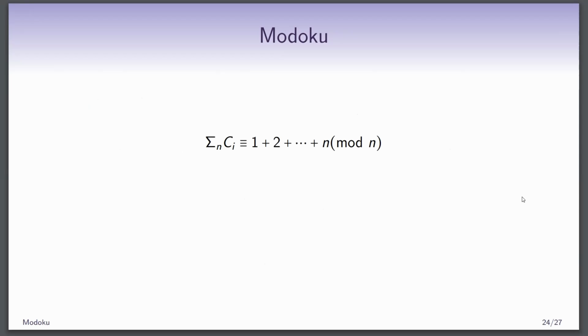Now we can see for each column, the sum of the entries is 1 plus 2 plus all the way to plus n, mod n, which we can simplify to be n times (n plus 1) over 2, mod n.